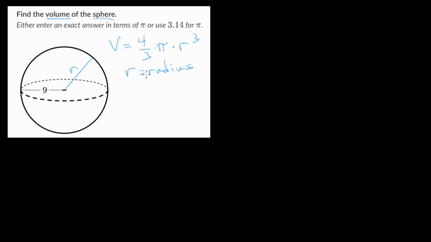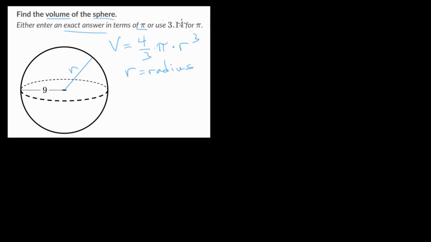So to use this formula, we essentially just need to figure out what the radius is. And then we can plug that in and simplify. And our answer can be either in terms of pi, which will give us the exact answer, or we can use 3.14 to approximate it and get some type of decimal answer, but that will no longer be the exact answer. So we will use just this symbol pi rather than actually rounding it.